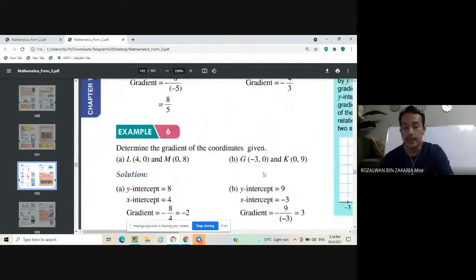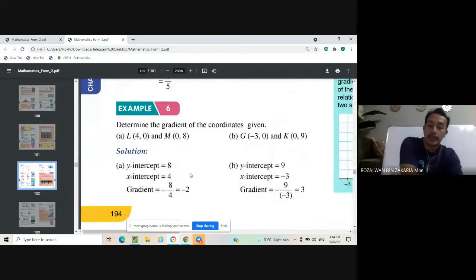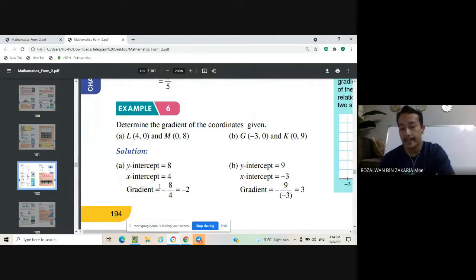For this one, you can use the formula for the gradient, which is equal to negative y-intercept divided by x-intercept. So you have to identify the value for the y-intercept and the value for the x-intercept. The y-intercept equals x. To find the y-intercept, the value of x equals 0. So point M, the value of x equals 0, so the x here is the y-intercept.